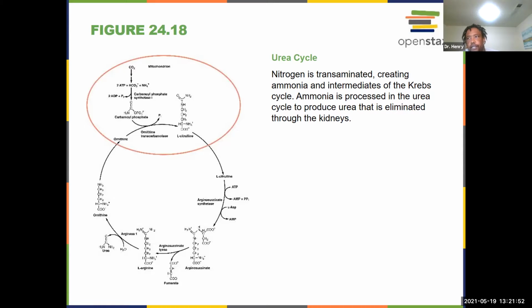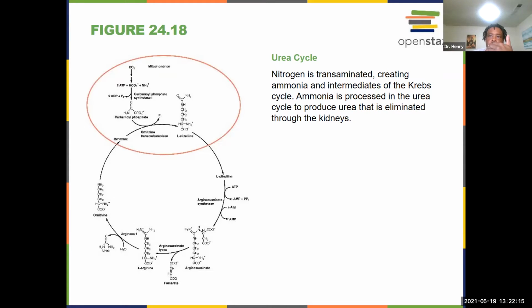So the L-citrulline gets processed and modified to argininosuccinate. The way it does that is that the L-citrulline acts as a base.